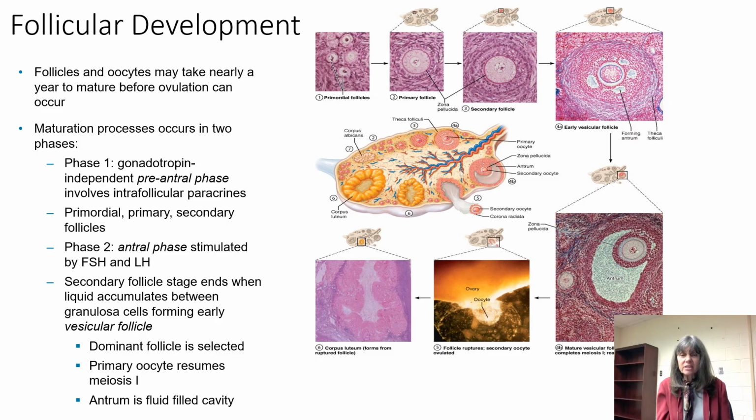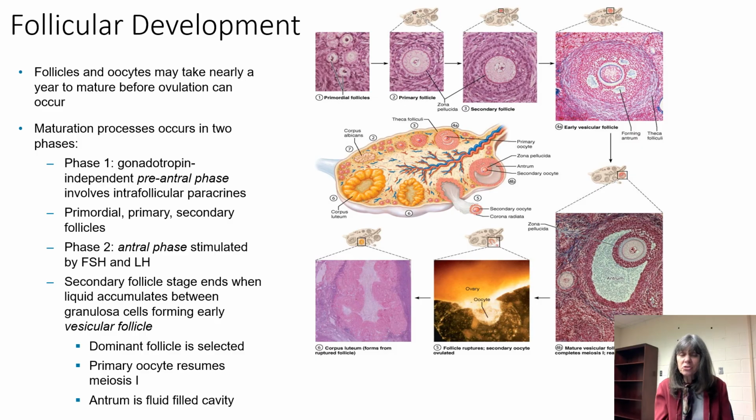So the paracrine cells are basically the follicular cells. They produce chemicals that will cause them to increase in number, and they're paracrines because they're acting on each other nearby. And this is true.